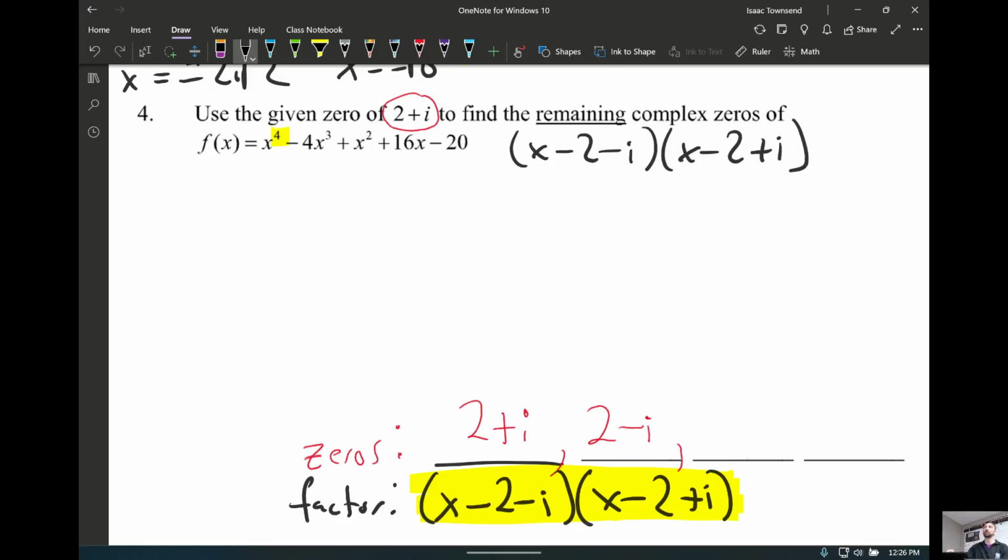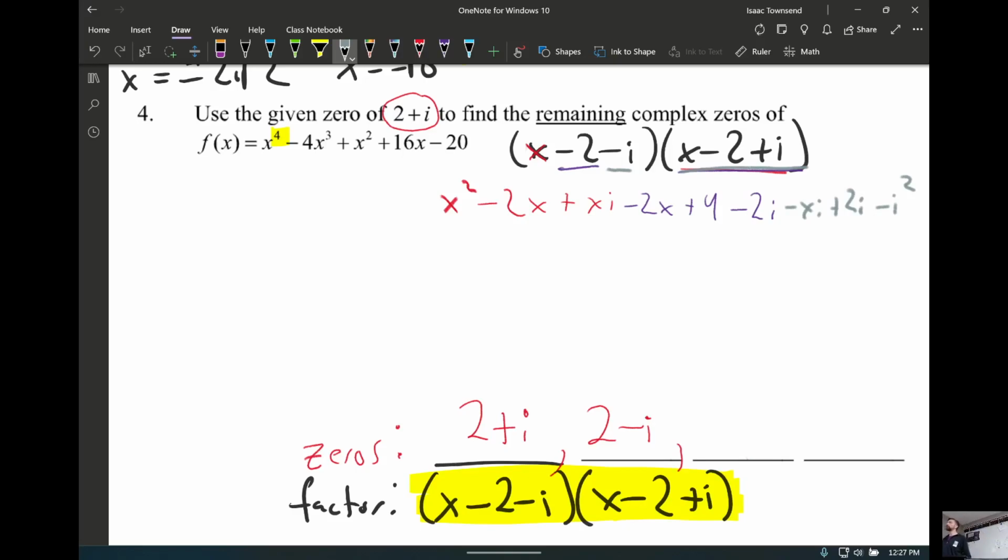We're just going to multiply all this together. So x gets distributed to all 3 of these. That's going to give you 3 terms. Then you're going to distribute the negative 2 to all 3 of these. It's going to give you another 3 terms. And then finally distribute the minus i to all 3 terms. Everything here gets multiplied to everything there. And 3 terms times 3 terms should give you 9 terms.